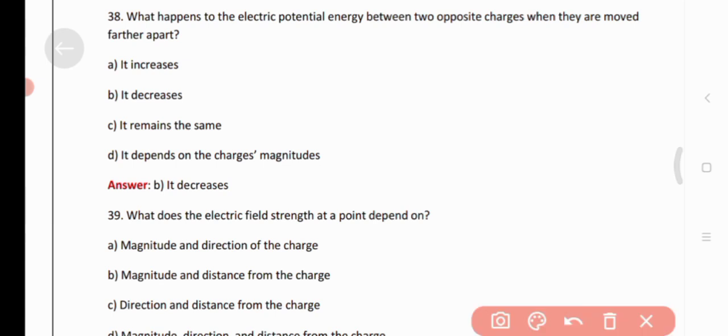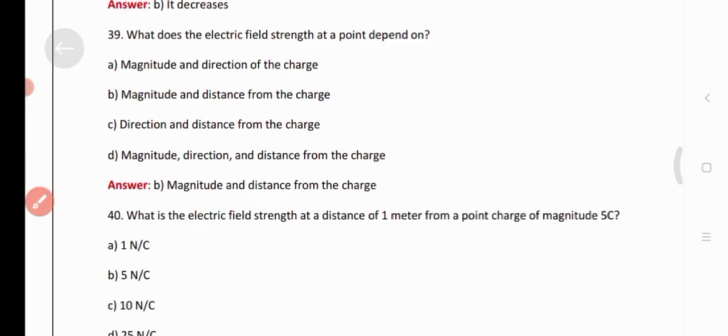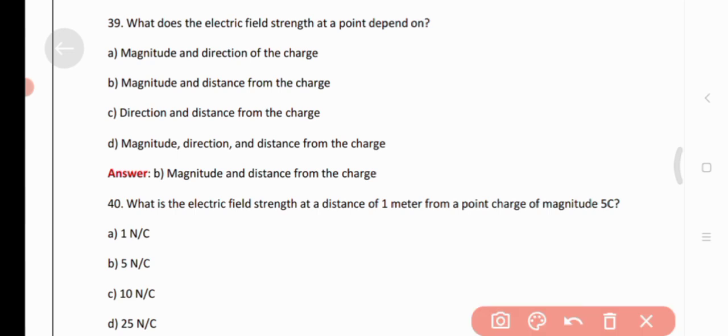What happens to the electric potential energy between two opposite charges when they are moved further apart? Option B, it decreases. What does the electric field strength at a point depend on? Option B, magnitude and distance from the charge.